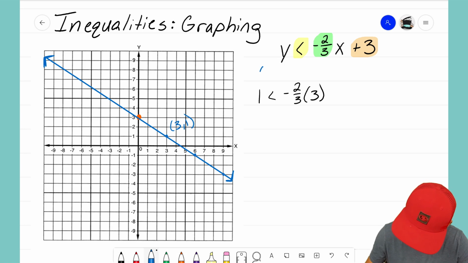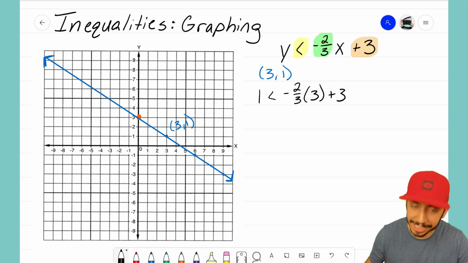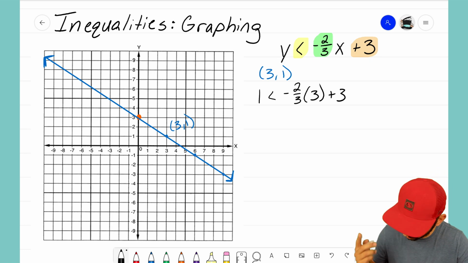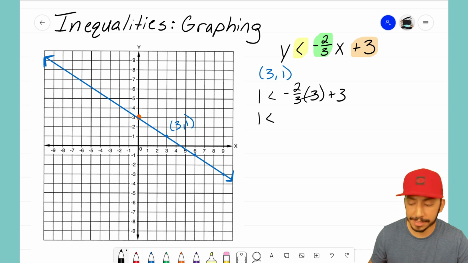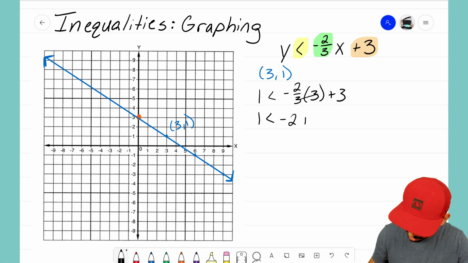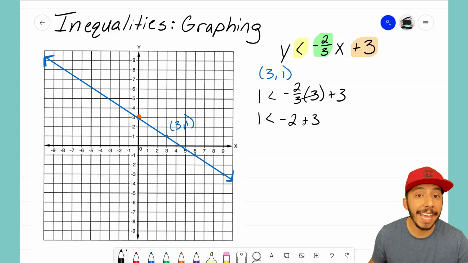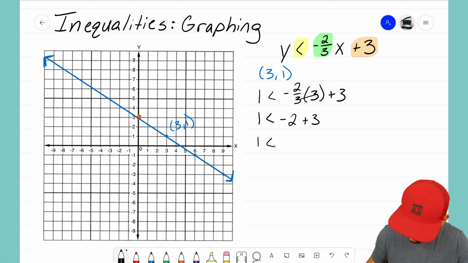Again, we're looking at this point, 3, 1, and we're going to add 3 to that once we finish. Well, I have 1 less than negative 2/3 times 3. Those 3's cancel, so I'm left with negative 2 plus 3, and negative 2 plus 3 creates a 1.